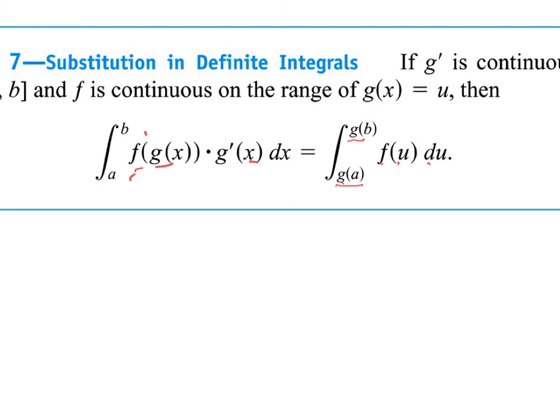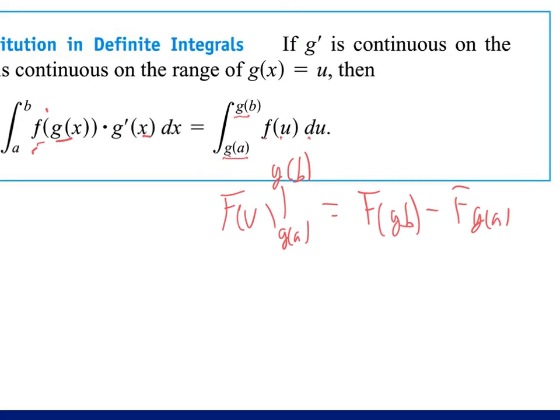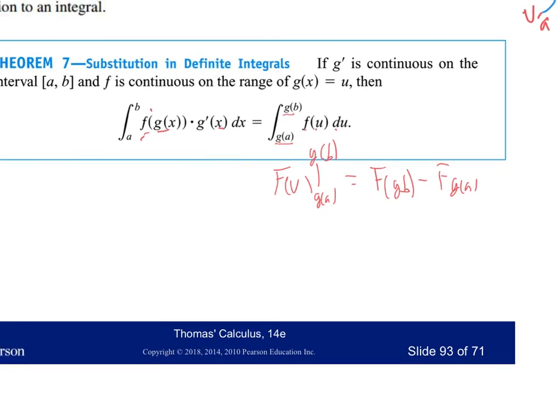Then when you get done integrating and you have big F of u from g of a to g of b, you can plug that in and get big F of g of b minus big F of g of a. You can do that, which is probably what he does mostly.